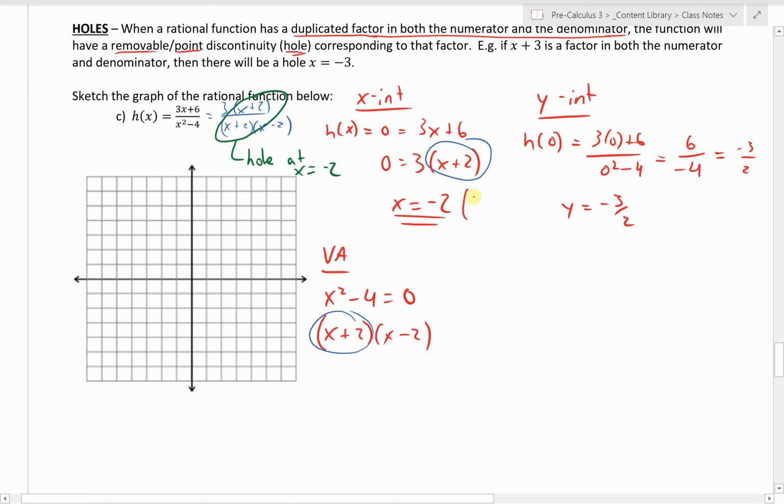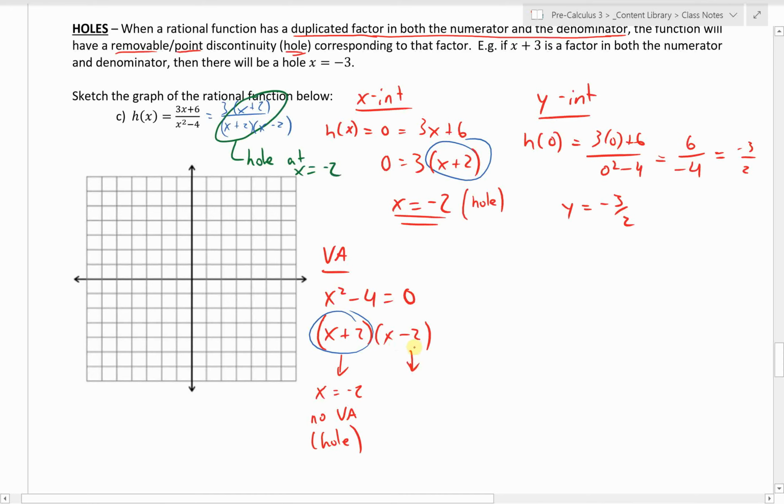So x equals negative 2, our x-intercept, is actually going to be a hole. We would have had a vertical asymptote at x equals negative 2, but there's no vertical asymptote there because it's a hole. So the hole kind of trumps the other things. If you see this repeating factor, that is a hole in the graph, and we'll see what that looks like in a minute.